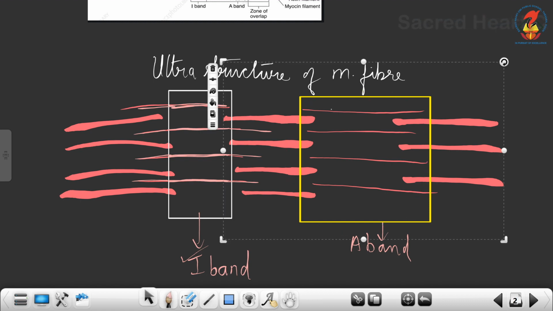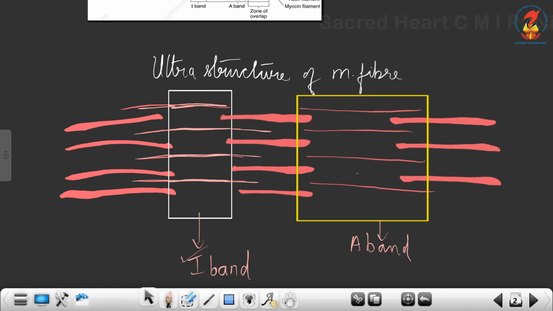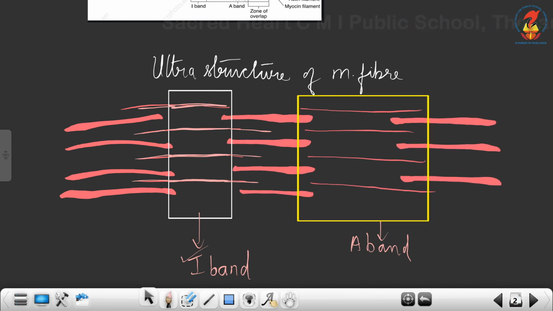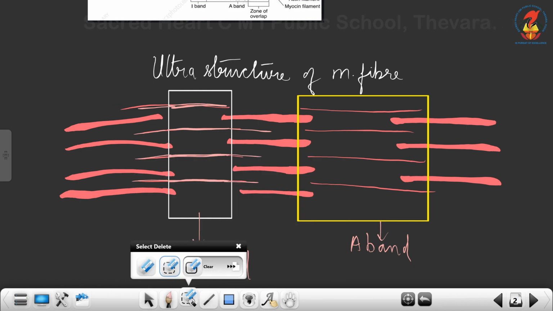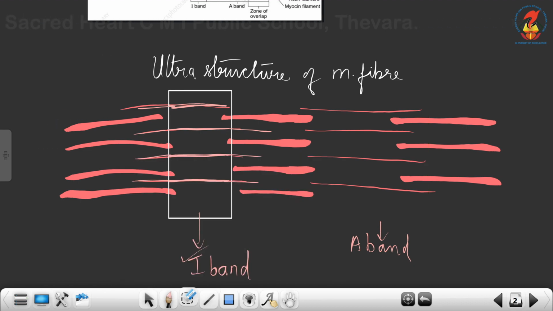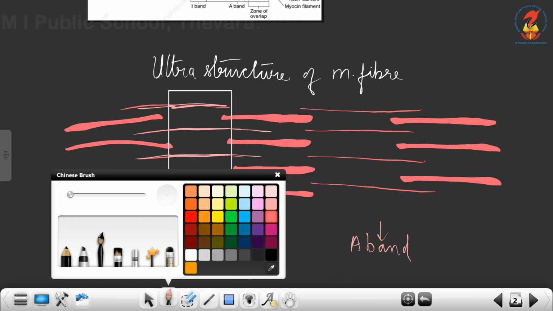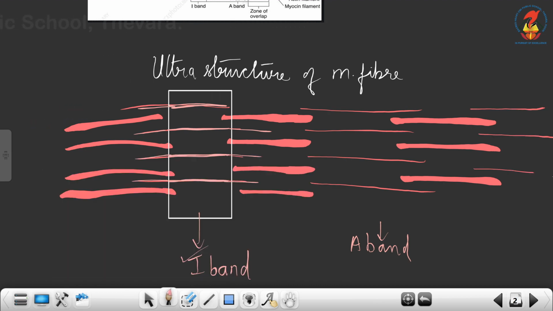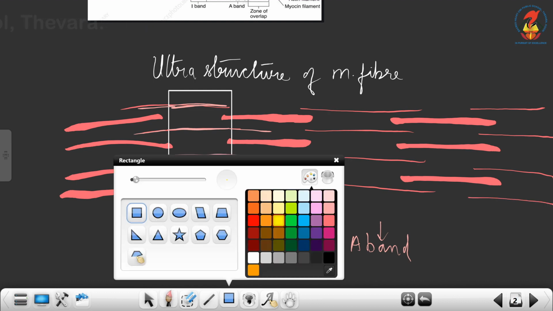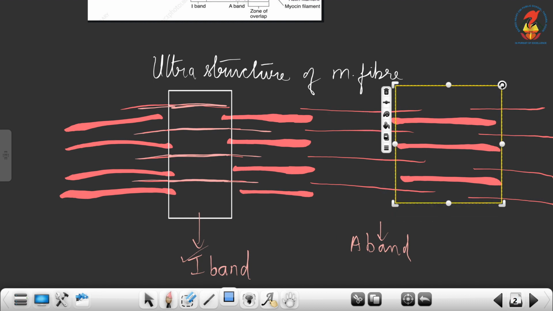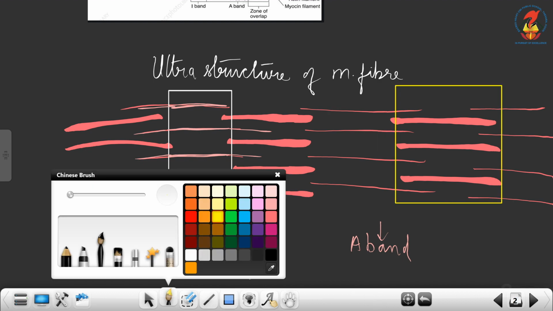A better picture of the A band is this, where I focused on the thick filaments with the edges overlapping the thin filaments.